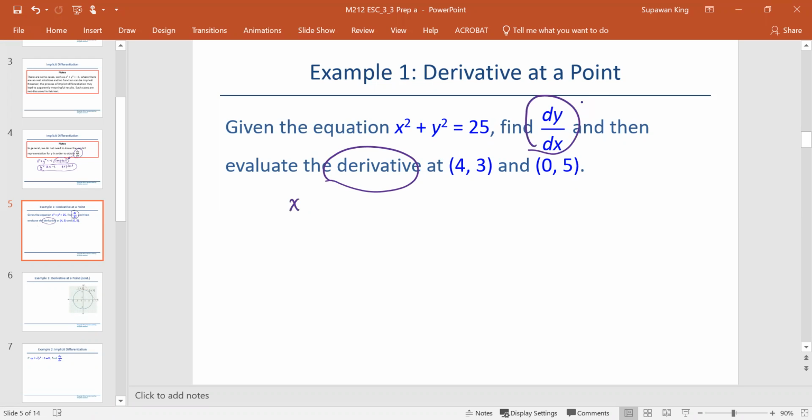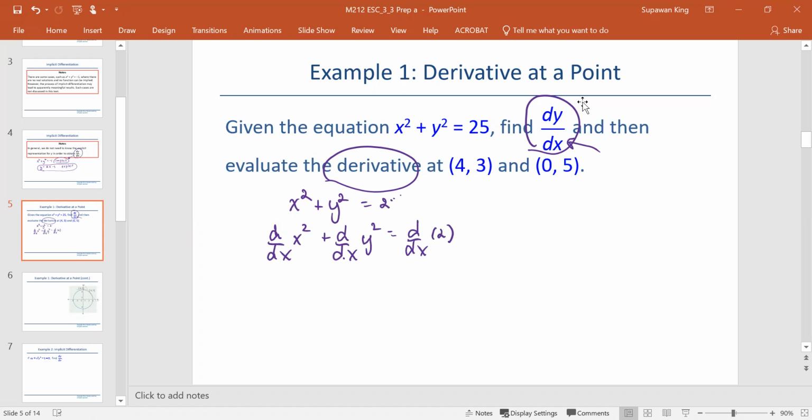Our equation is x squared plus y squared equals 25. The derivative is the derivative of y with respect to x, so we find the derivative of each term with respect to x. So d by dx of x squared plus d by dx of y squared equals d by dx of 25.